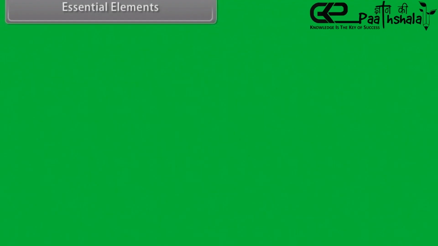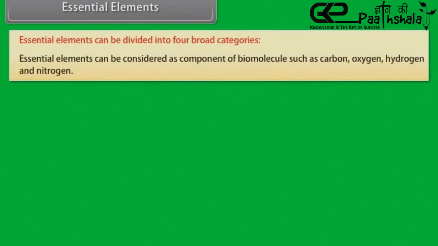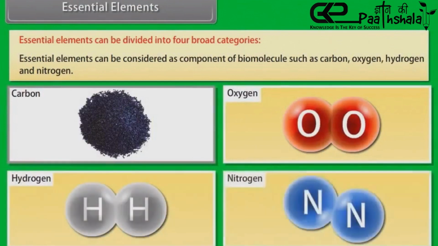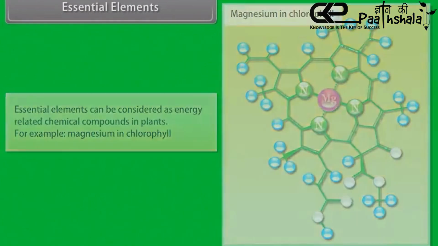Essential elements can be divided into four broad categories. Essential elements can be considered as components of biomolecules, such as carbon, oxygen, hydrogen, and nitrogen. Essential elements can be considered as energy-related chemical compounds in plants, for example, magnesium in chlorophyll.